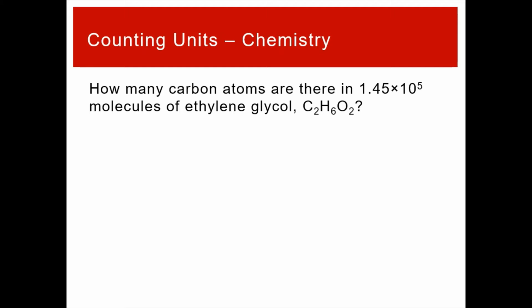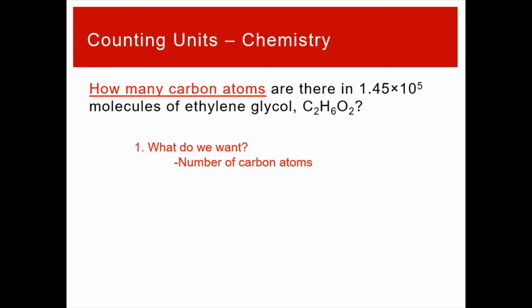How many carbon atoms are there in 1.45 times 10 to the 5th molecules of ethylene glycol, which is C2H6O2? If we want to talk through the problem, we always want to start with: what do we want in the end? Specifically, what sort of units are we after? In this case, that is number of carbon atoms.